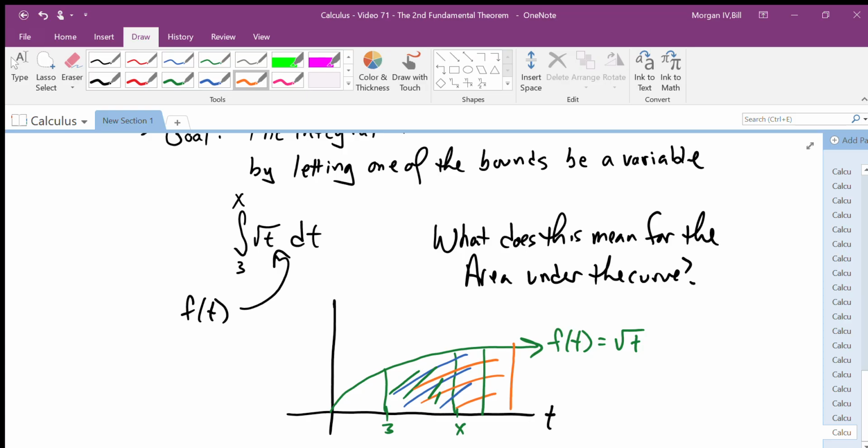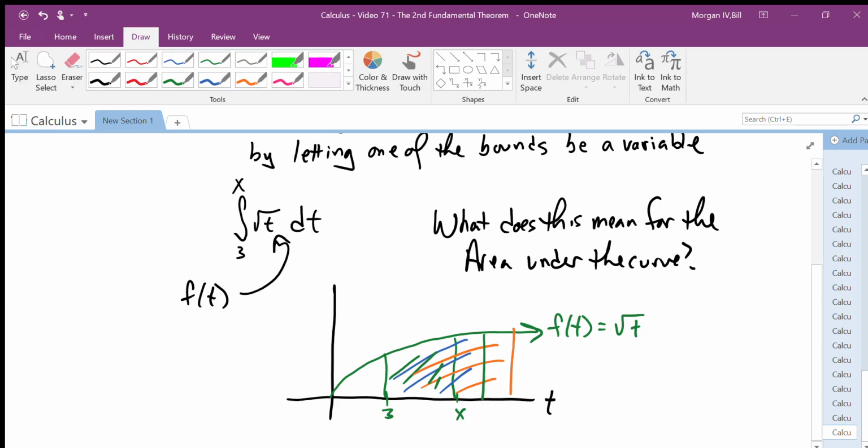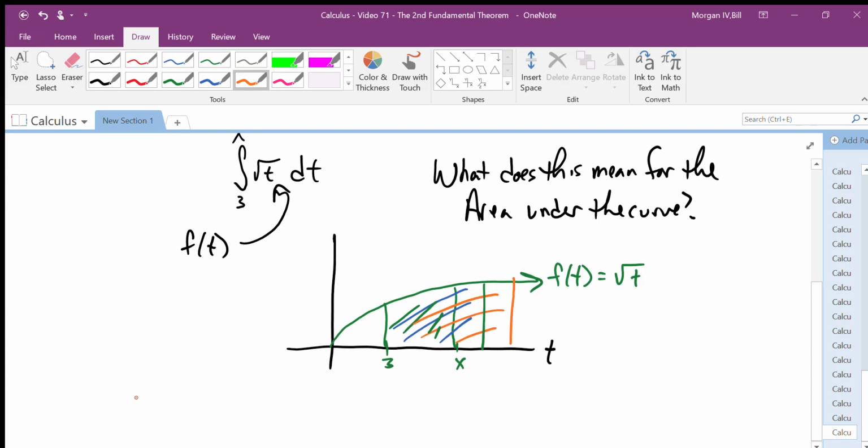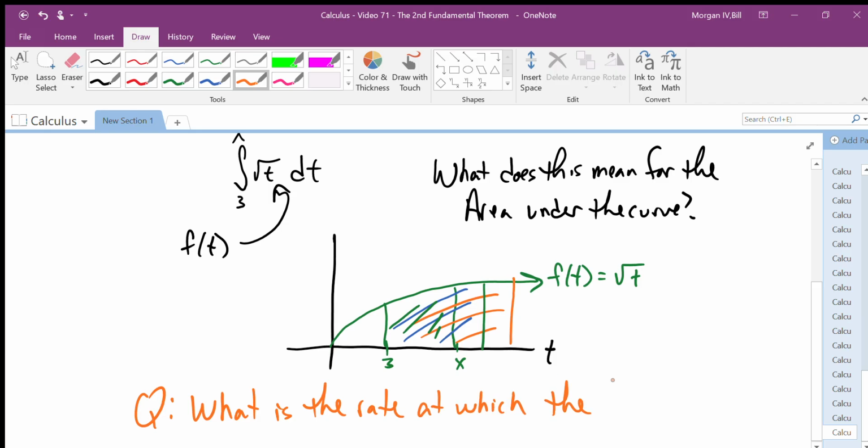So by letting one of the bounds, in this case the upper bound, be a variable, we're getting a change in the area under the curve. What we want to find out is what is the rate at which the area changes. That's our big question.